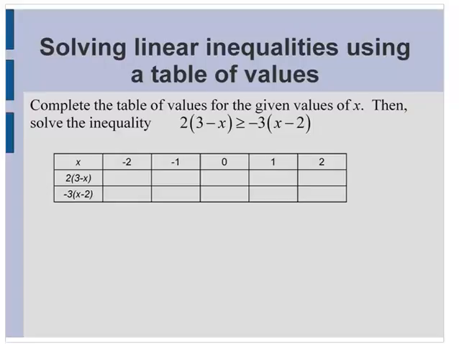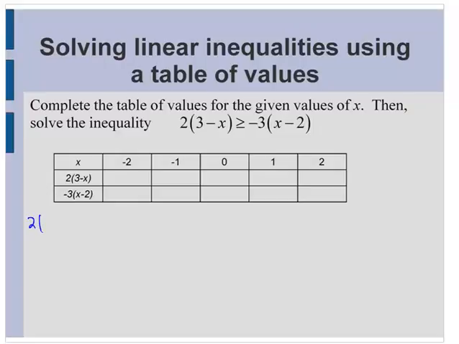Now if the inequality was more complicated, let's say we had 2 times the quantity 3 minus x is greater than or equal to negative 3 times the quantity x minus 2, we would have to have a more thorough table of values. So what we would do is, again, substitute and evaluate.